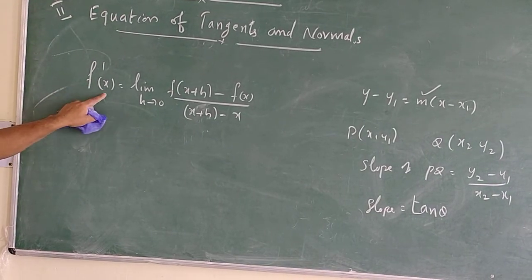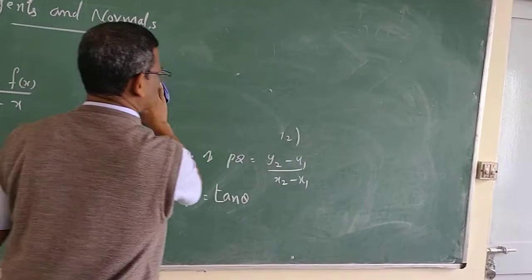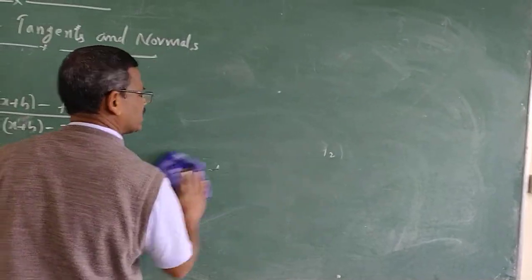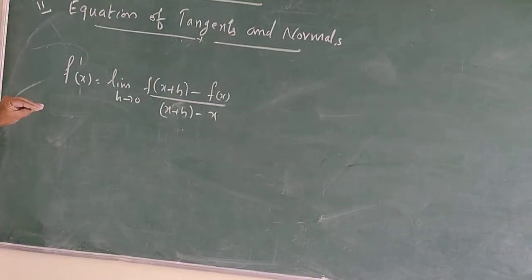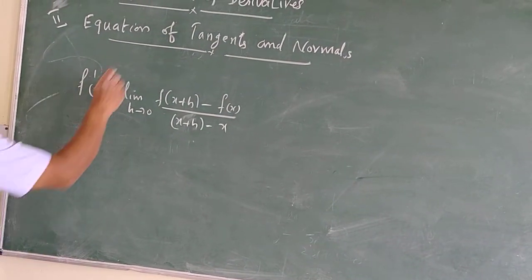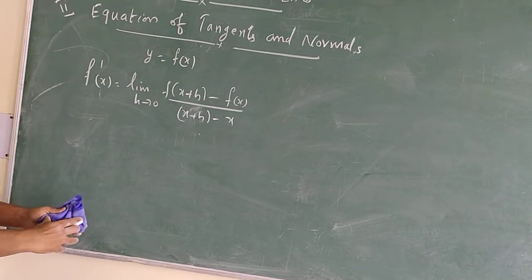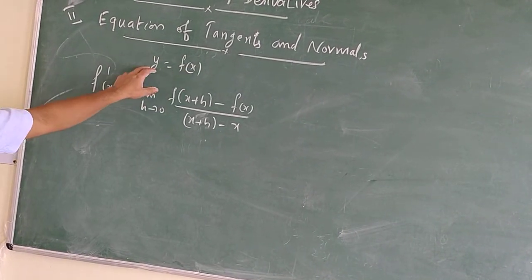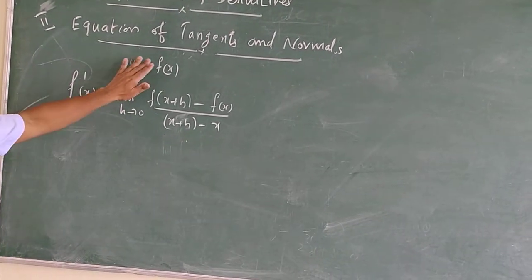This is the definition of the derivative. Theoretically, it is the rate of change of a variable: if y is equal to f of x is the function, the rate of change of y with respect to x is called the derivative.